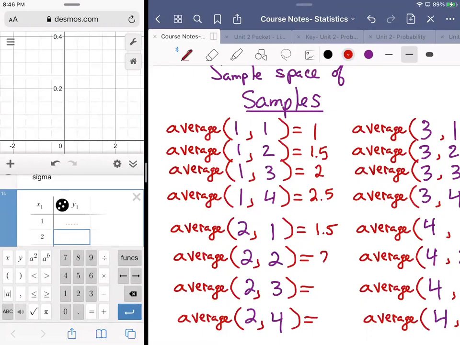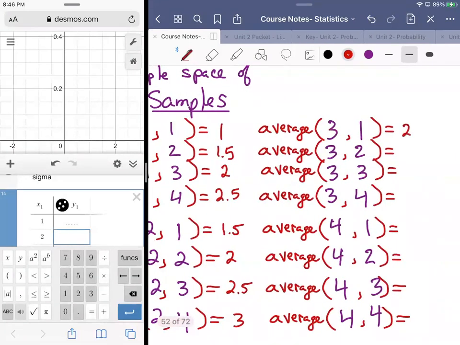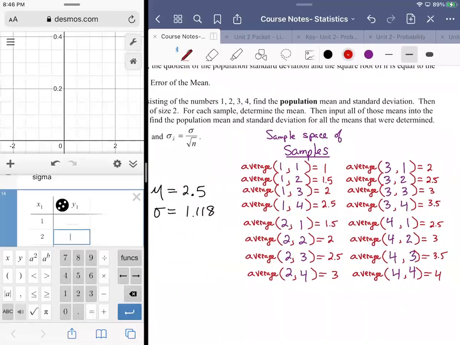So 2, 2.5, 3, 2, 2.5, 3, 3.5, 2.5, 3, 3.5, and finally 4. So this is a list of all possible samples that you can get from the data set, which again consists of the numbers 1, 2, 3, and 4.